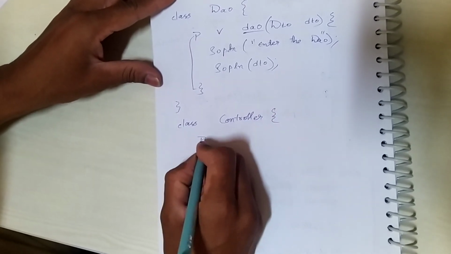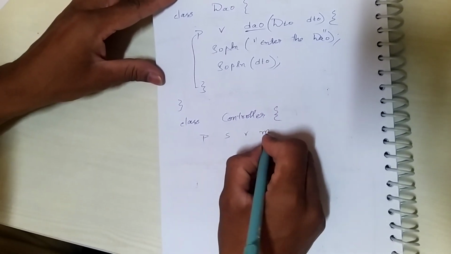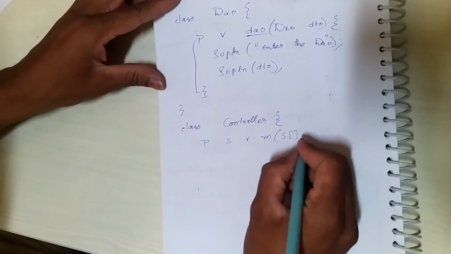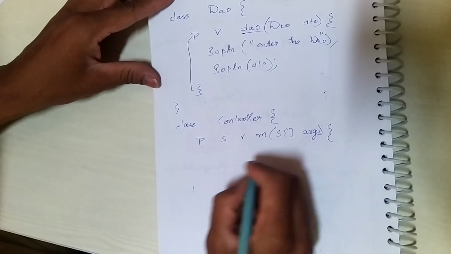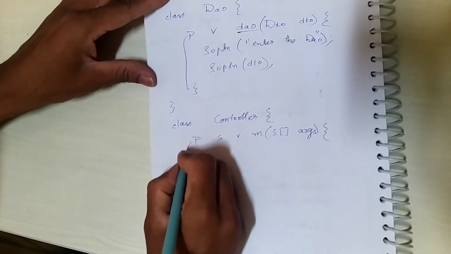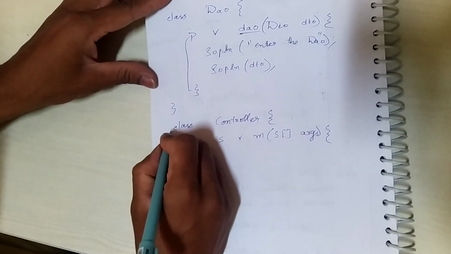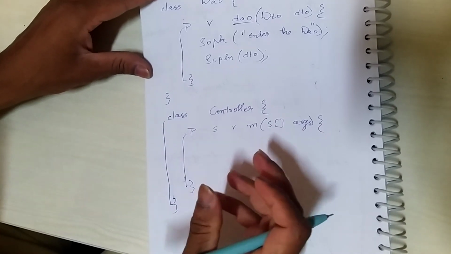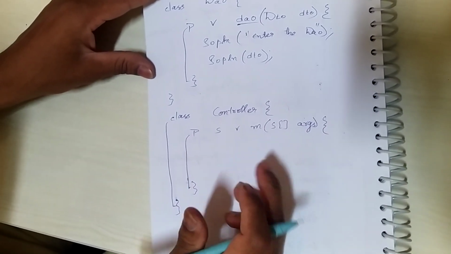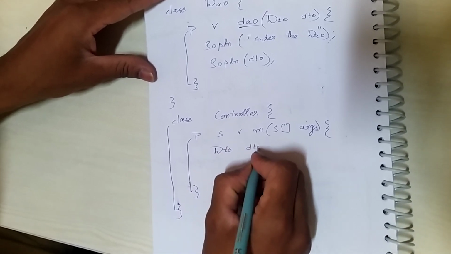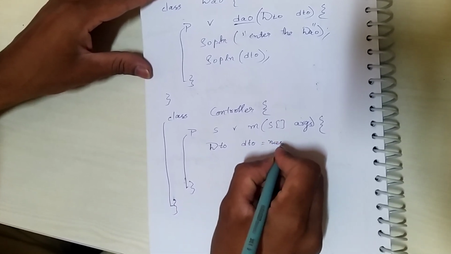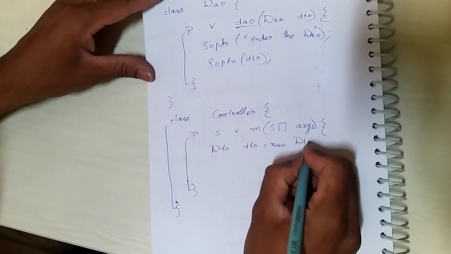Inside the controller layer we'll have the main method. Inside the main method, we will first collect the data using a DTO object: DTO dto equals new DTO.